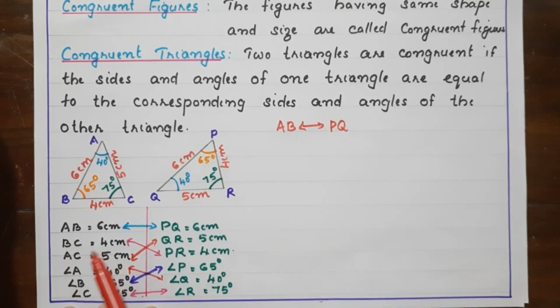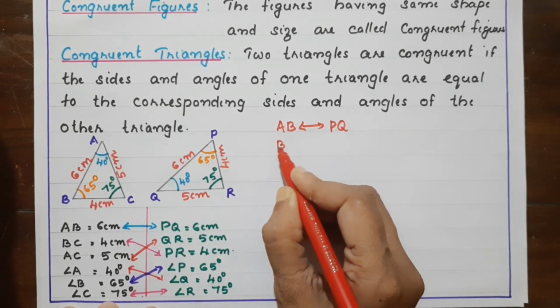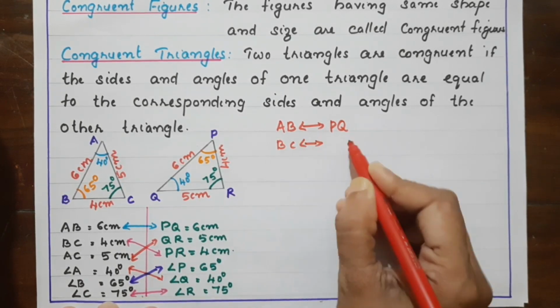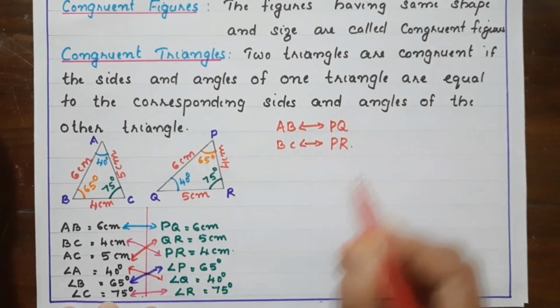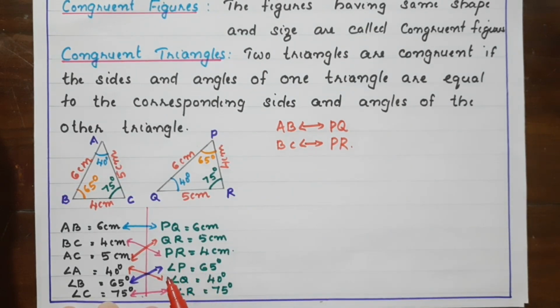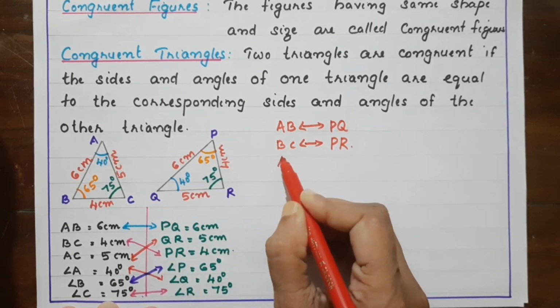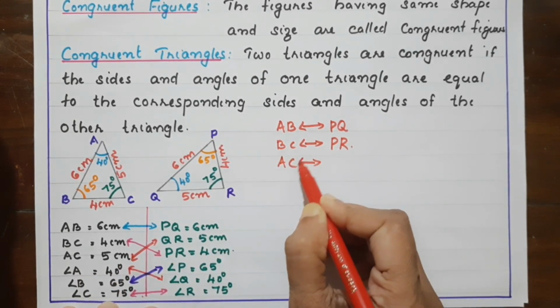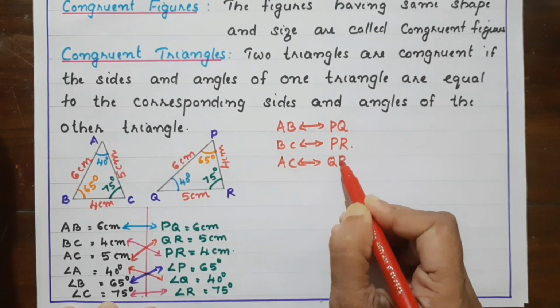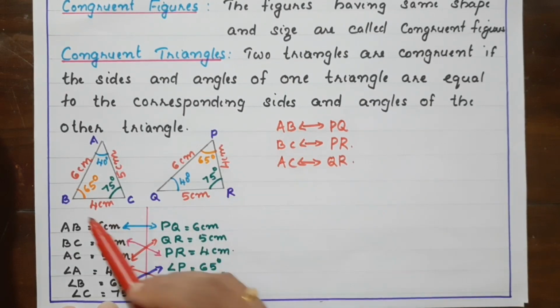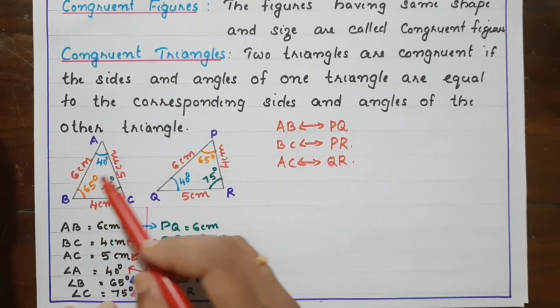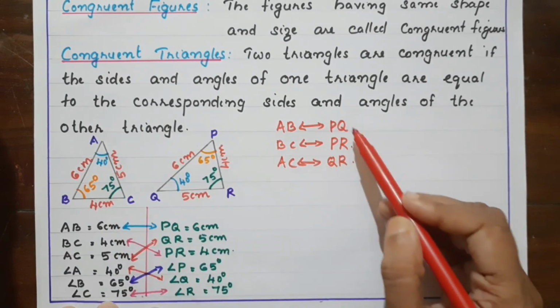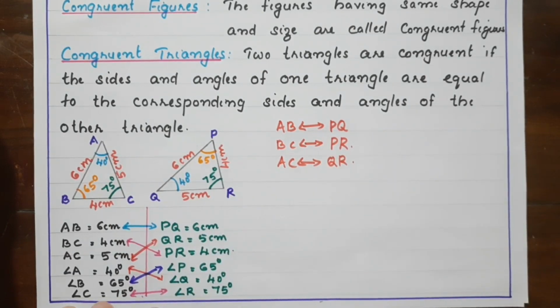Then what about BC? BC corresponds to PR. Then third side, AC corresponds to QR. So three sides of first triangle are equal to three sides of the second triangle.